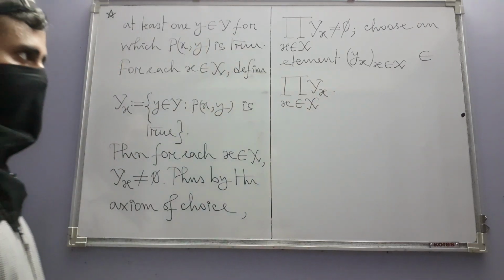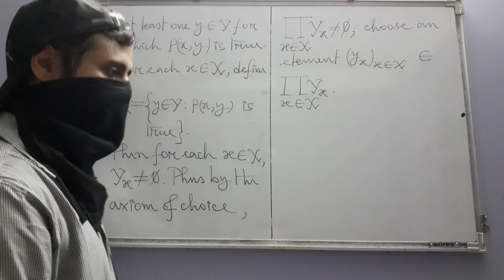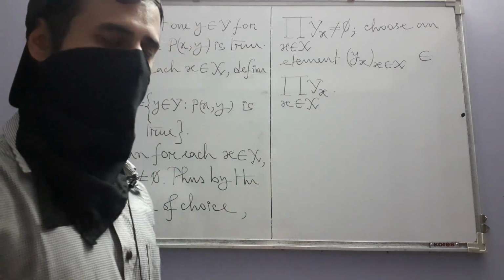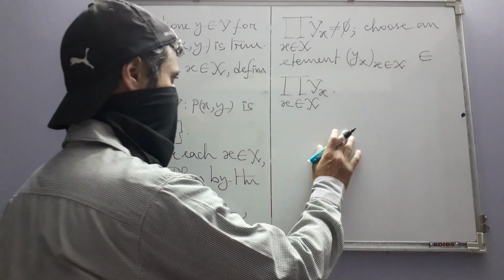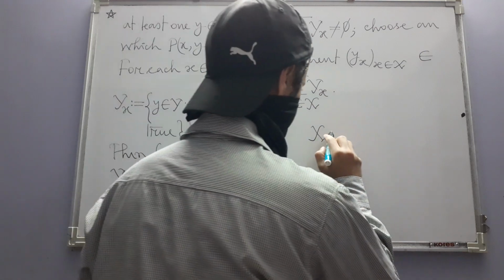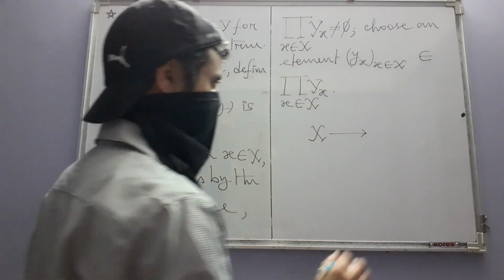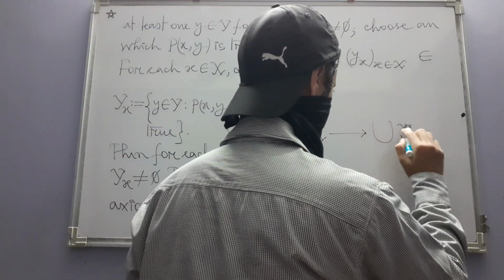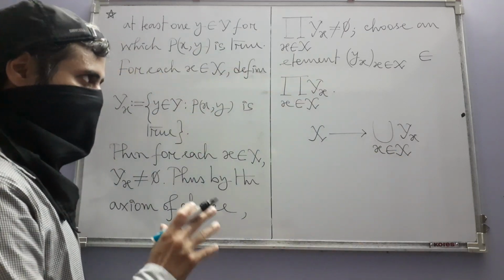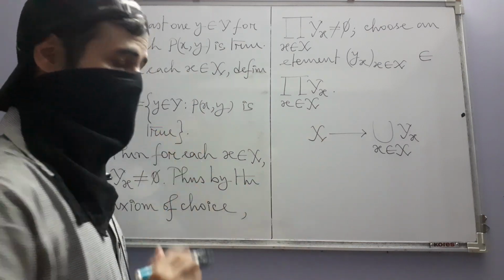Okay, now if you go back to the definition of what this object is, the definition based on functions, then actually an x tuple is itself a function. What type of function? It's a function from x into the union of all these sets yx. But it's not just an arbitrary function of this type, it has a condition on it.